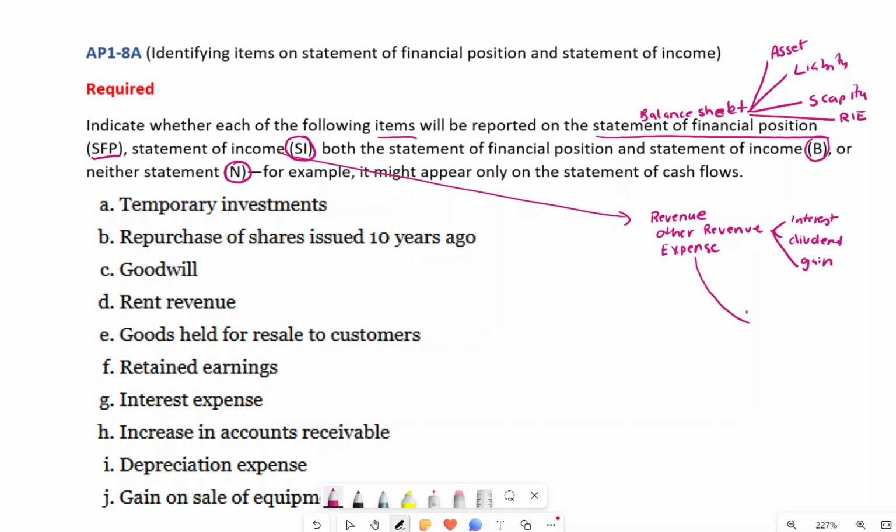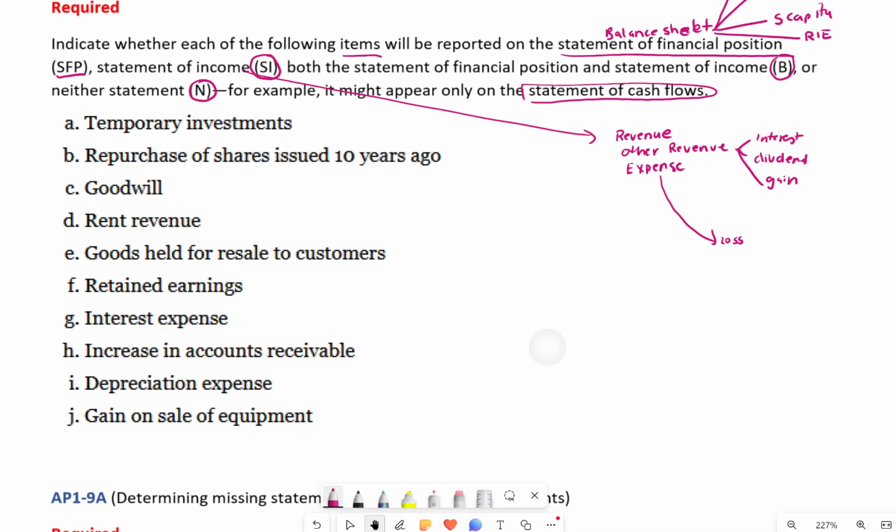When you think of expense accounts, you're thinking of all the expense accounts. If you sell an asset and have a loss, that will also go under the statement of income. If they don't go on either statement, it might appear on the statement of cash flow. That's what the question is asking.